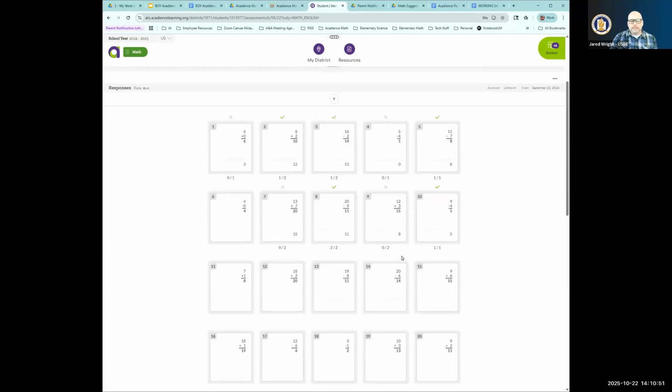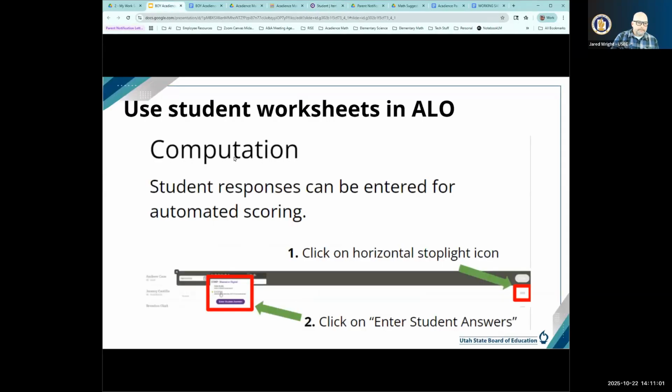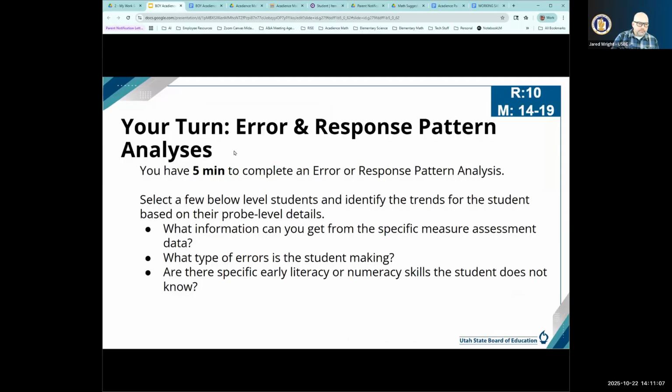So I could use either the hard copy of the paper version, or if I've entered it into ALO, I can use the ALO data as well. And these are just examples of what that might look like. So we're going to skip this activity, but this would be something where you can use these tools.